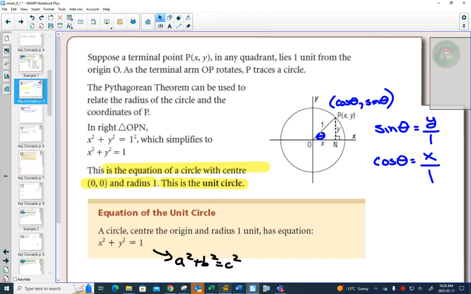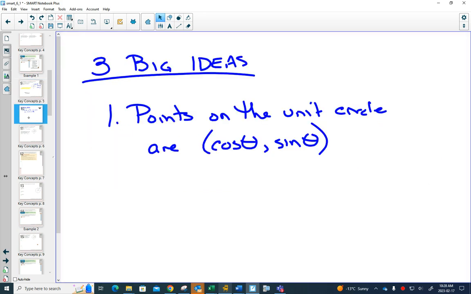Big idea number 2, though, says that if x is the same as cos and y is the same as sine of theta, then I can write the following. X squared would be cos squared, and when we square cos, there's new notation for you.